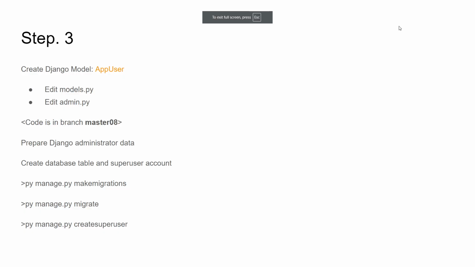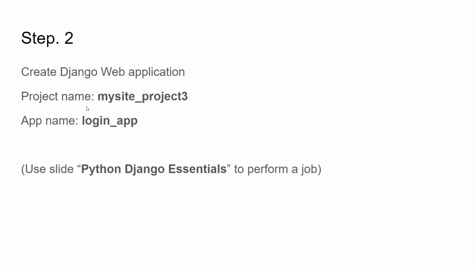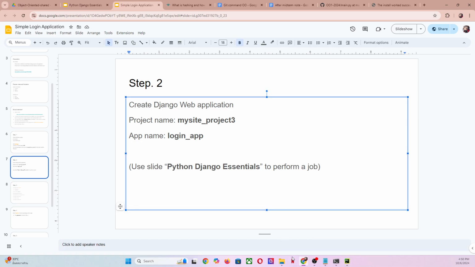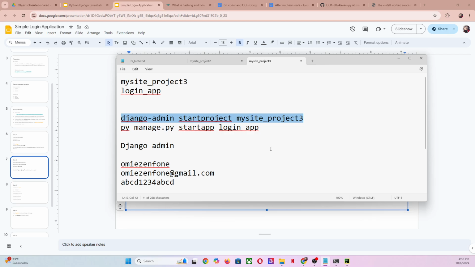Okay, so right now we're going to do the admin and then the model. Oh, I think I need to do the URLs as well. Yeah, setting up URLs. So I need to create the application right away. Okay, so I create the application first.